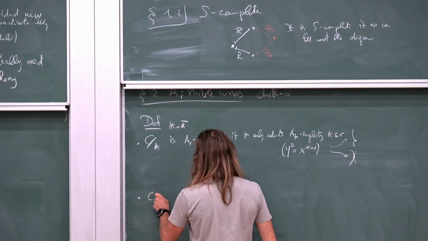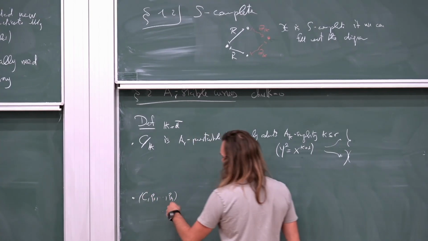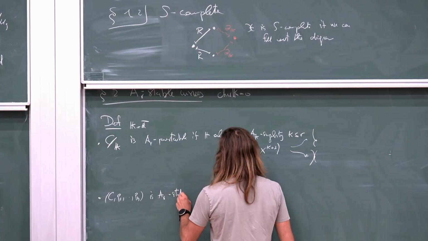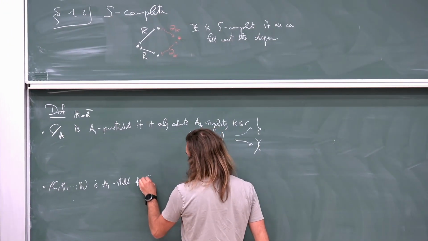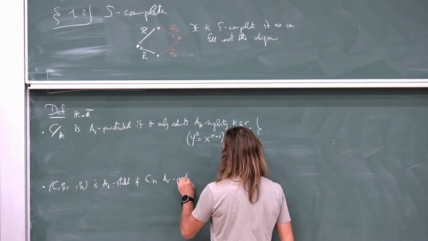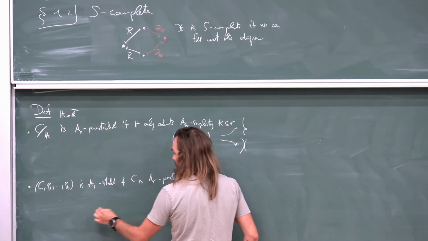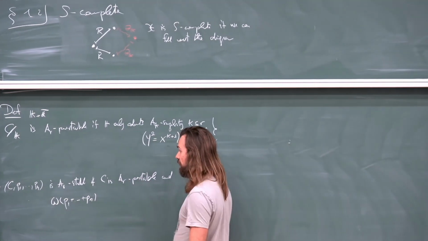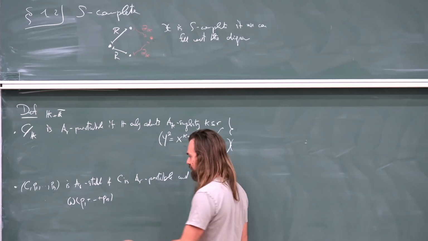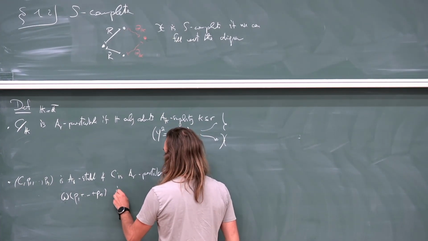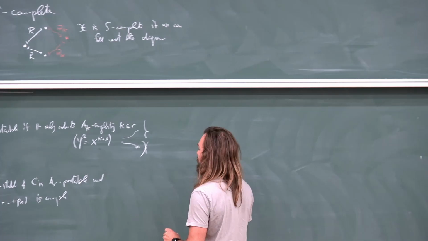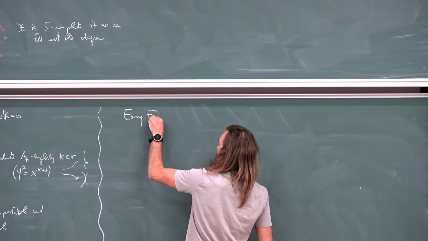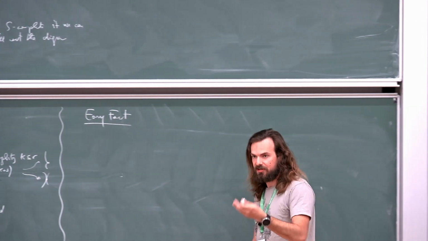And you say that a pointed curve, where the markings will always be smooth and distinct, is A_r stable if C is A_r pre-stable, so it only admits this kind of singularities, and the log canonical bundle, the twist of the canonical bundle, is ample. This is an lci curve, so it's particularly Gorenstein, so the canonical bundle is a line bundle, and you can twist it with the marked points. This is the only condition that we need. The reason why we put this condition is that with it you can run the usual Hilbert scheme argument.